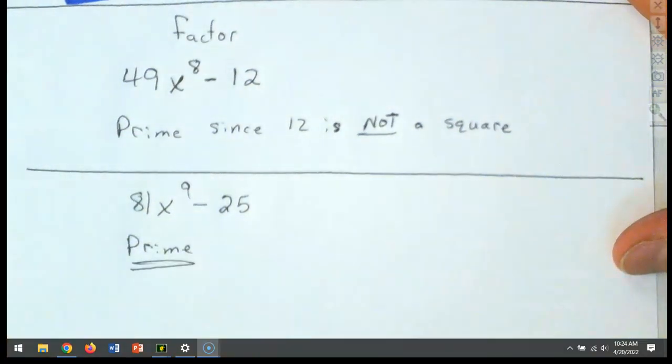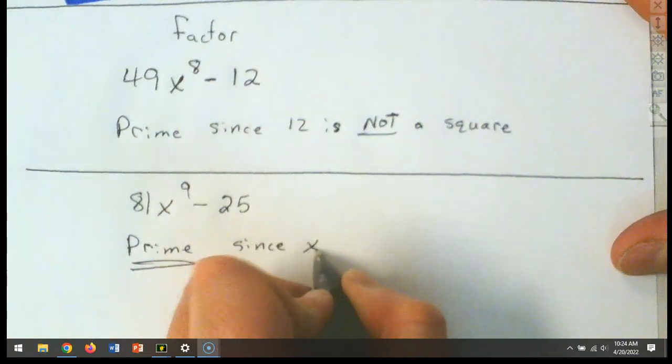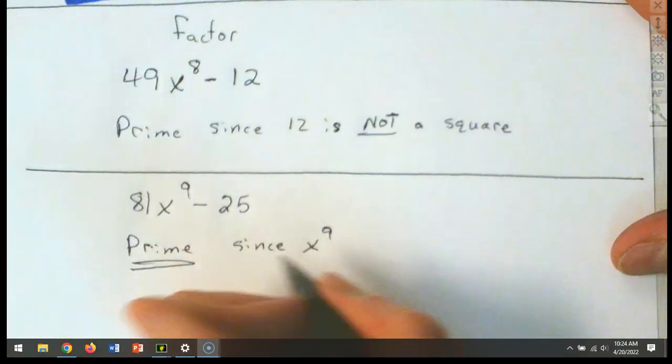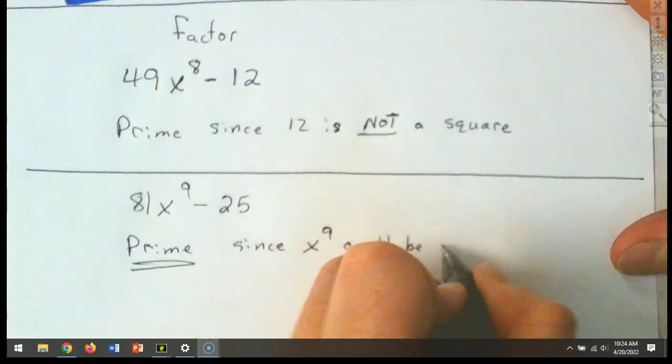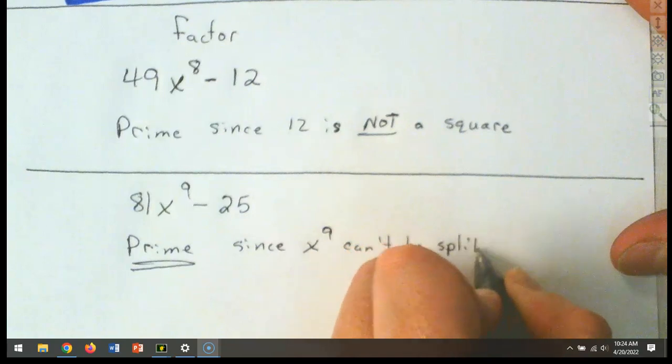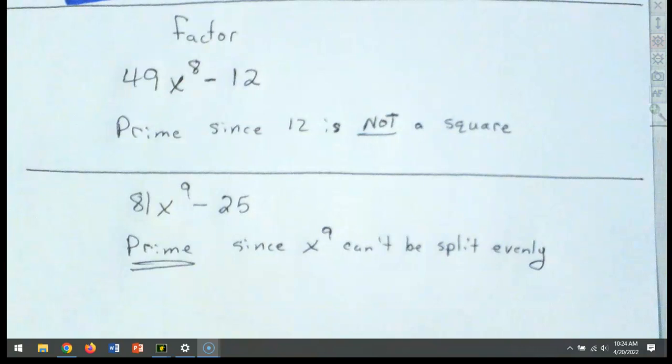And why is this one prime? It's prime since x to the 9th power cannot be split up evenly. Whenever we look at these exponents, they have to be even, meaning you have to be able to split them in half evenly.